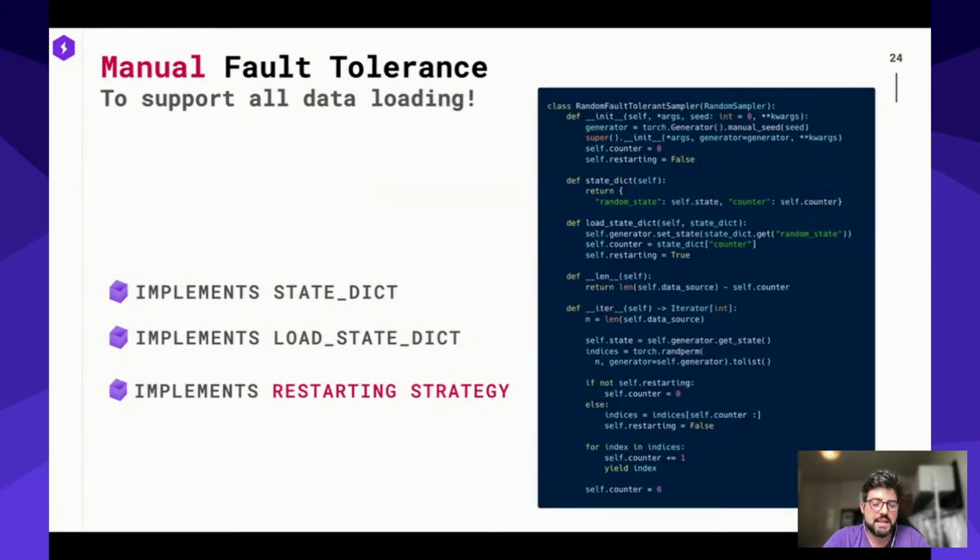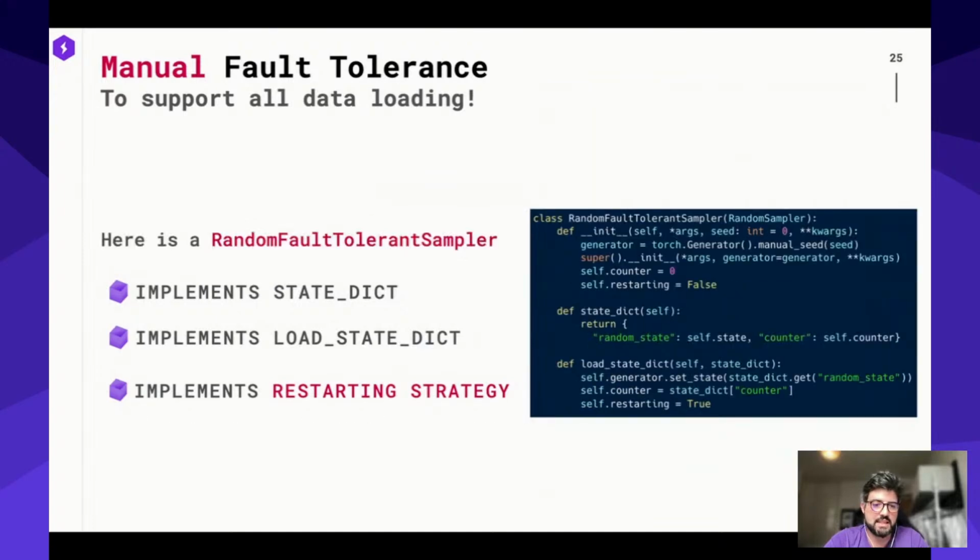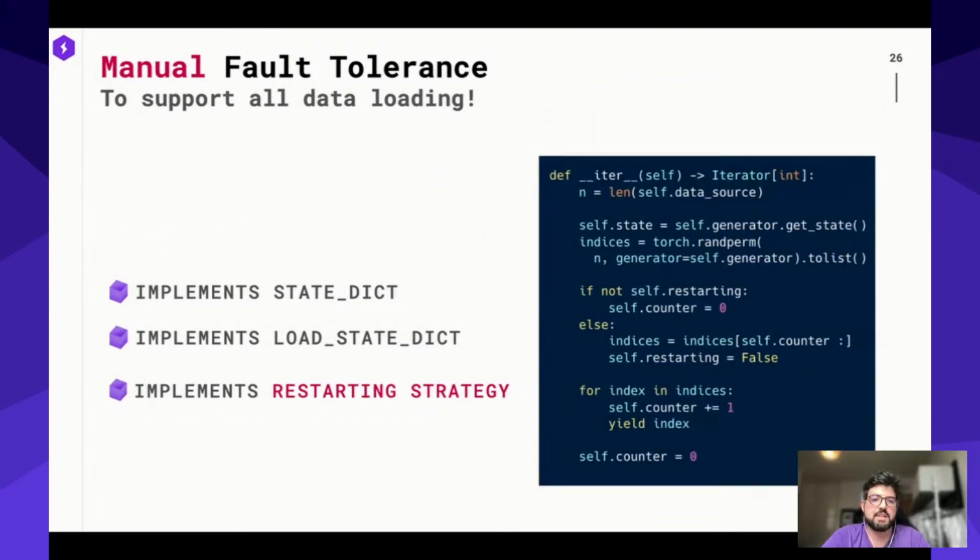So if we look back again in the iter method, there is this if-else condition where we can decide what to do, right? So here is the iter method. I still have the same, let's say 100 samples, which is the length of my data source.